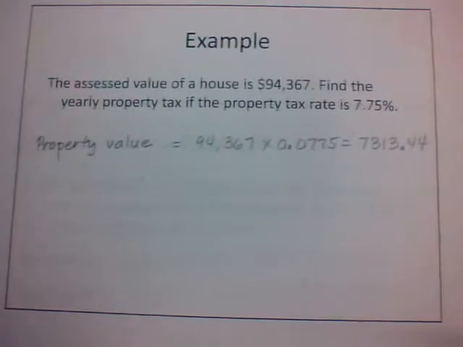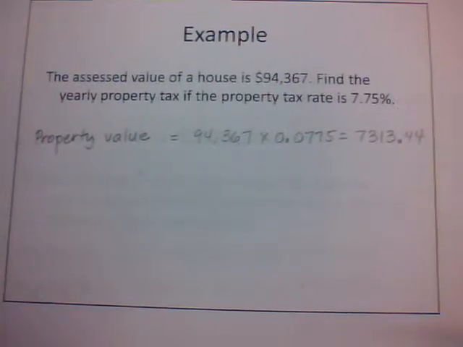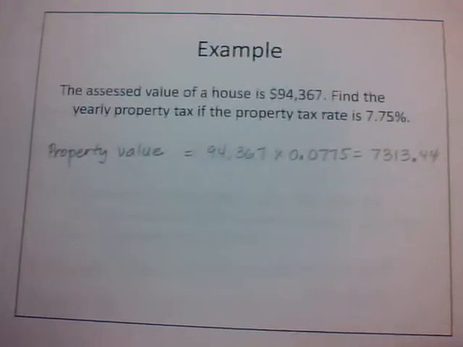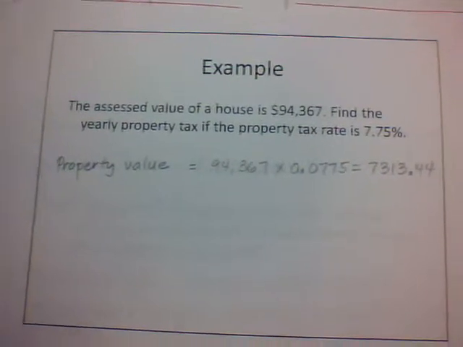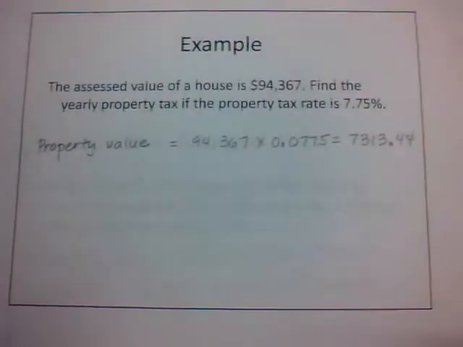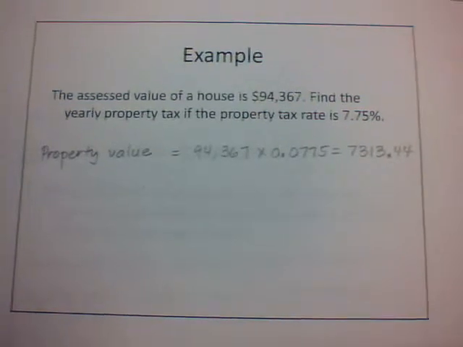Okay, here we take the $94,367. We change 7.75% to 0.0775. Multiply that by $94,367. You'll get $7,313.44, rounded to two decimal places. That would represent the yearly property tax.